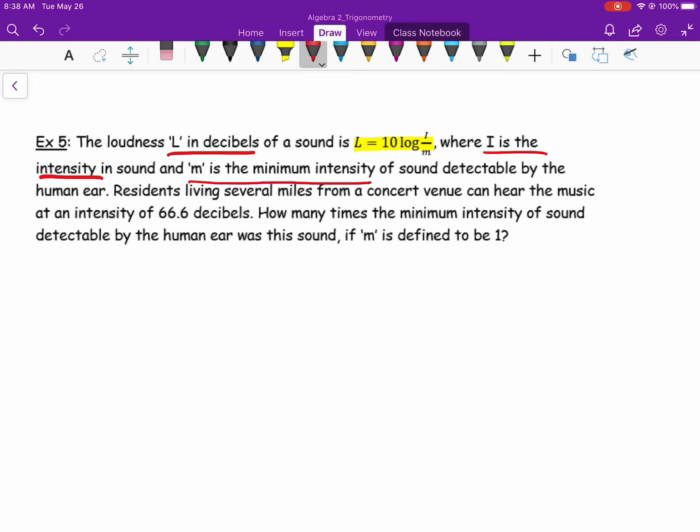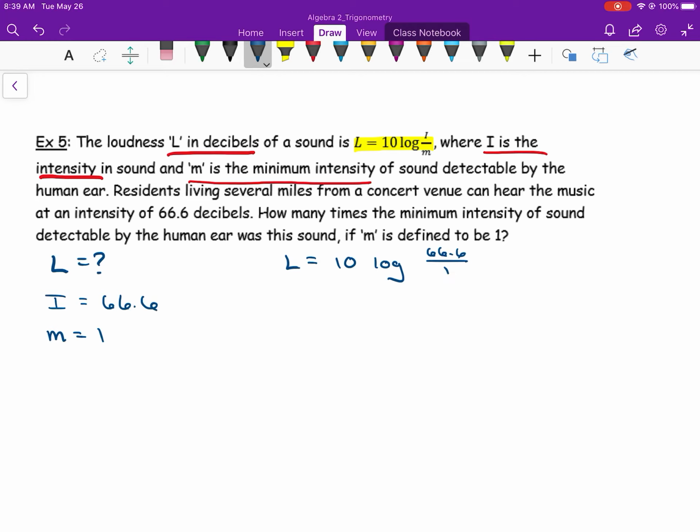Let's look at what we know. L is unknown, I is 66.6, and M is 1. We just plug into the formula. L is equal to 10 log of 66.6 divided by 1, which is just 66.6.